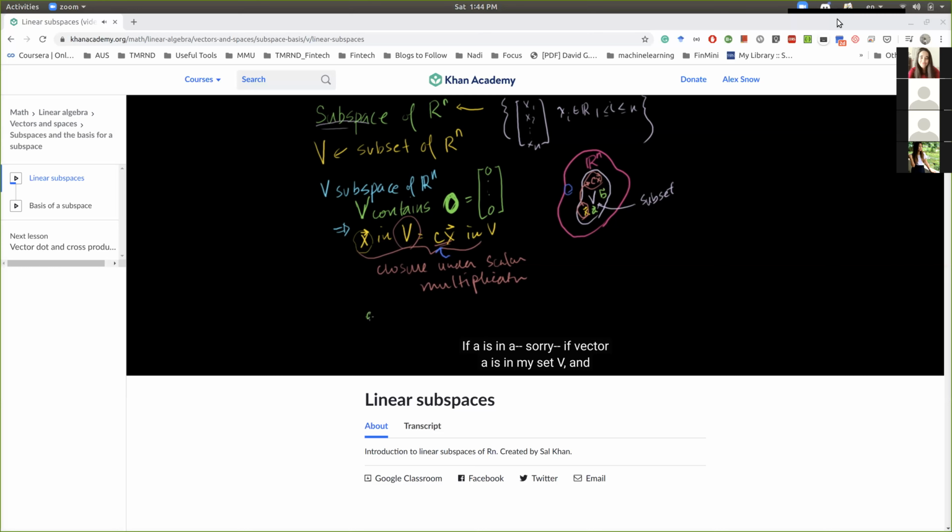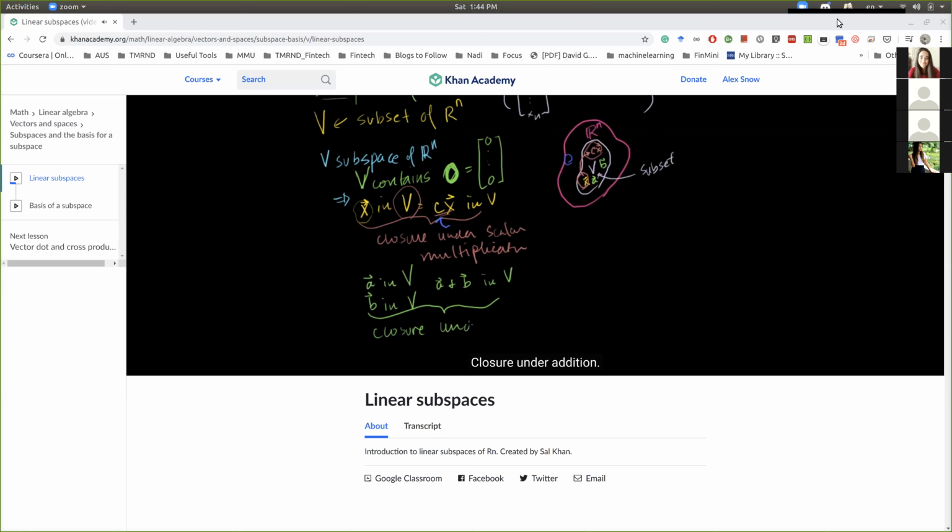So this is closure under addition. Once again, a very fancy way of saying, if you give me two elements in my subset, and these could be any two arbitrary elements, and I add them to each other, I'm going to get another element in my subset.